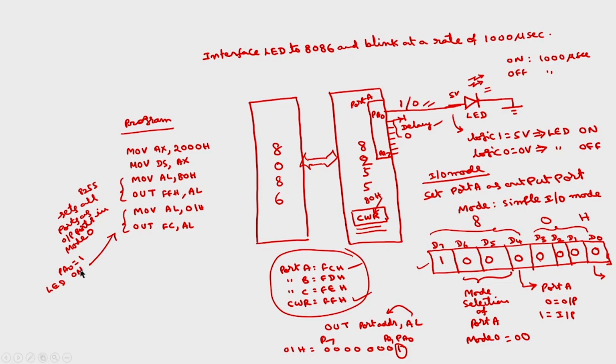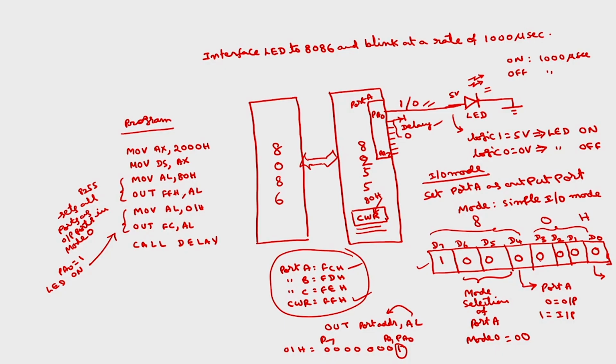With these 2 instructions we can turn on the LED. Then I have to call the delay program. I will discuss how to write the delay program after this program. Okay. So, with this delay, the rate at which you want to blink the LED, you can set using the subroutine.